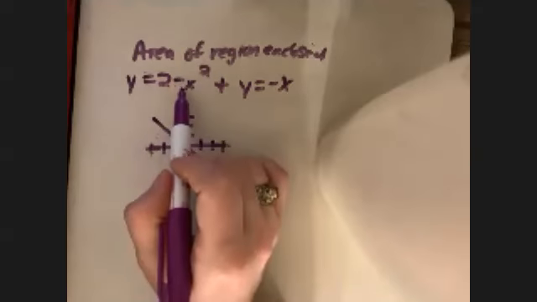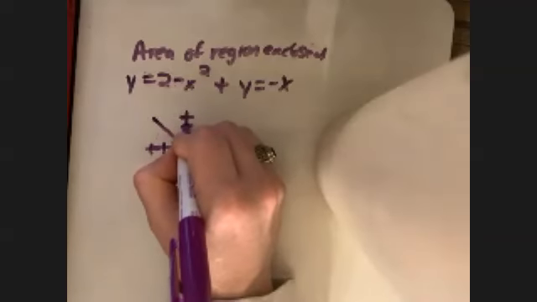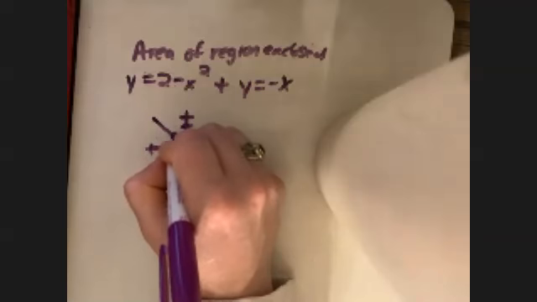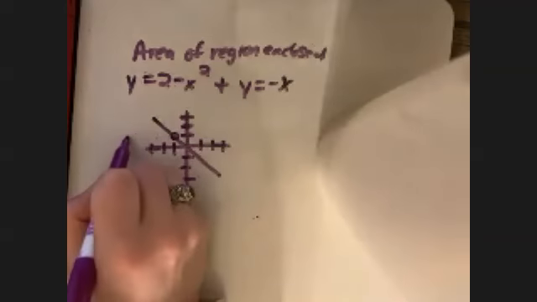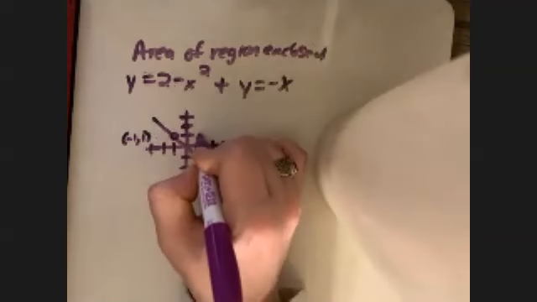And then this is an upside down parabola that went up to. So here's this, over one, down one. So there is an intersection point at -1, 1.